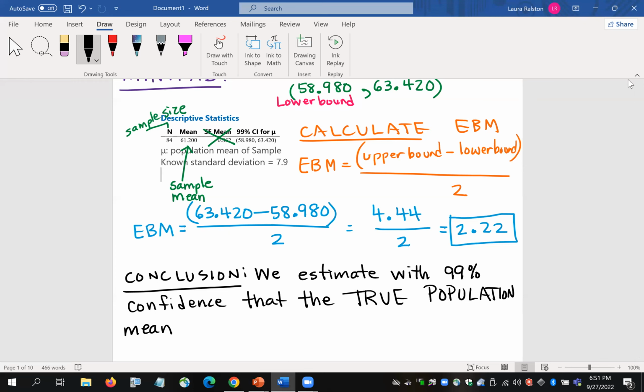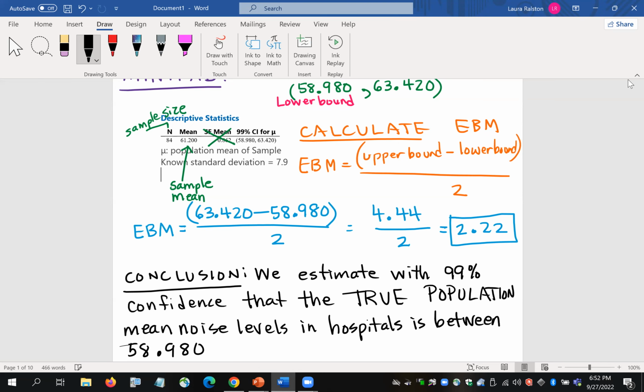Mean noise levels. Mean noise levels in hospitals is between 58.980 decibels and 63.420 decibels.